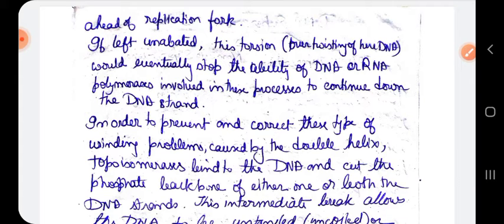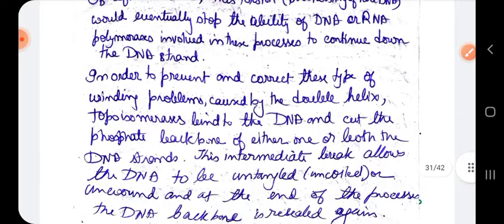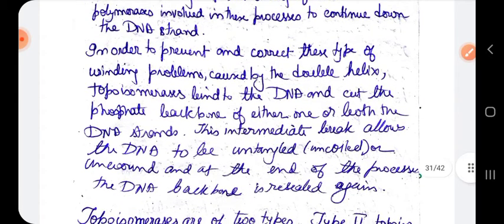Now, in order to prevent and correct these types of winding problems caused by the double helix, topoisomerase binds to the DNA and cuts, or cleaves, the phosphate backbone of either one of the strands or both of the DNA strands.